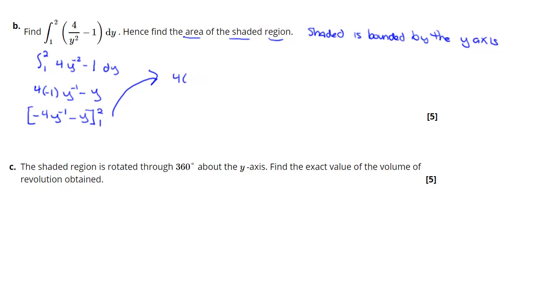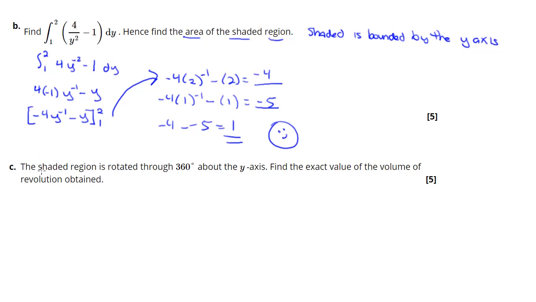I'm going to substitute in 2 for all my y's. And then I'm going to substitute a 1 in for all my y's. And then I'm going to subtract it. And when I do that, I'm going to get a -4 and a -5. -4 minus a -5 is equal to 1, and that's going to be the area right there, 1.